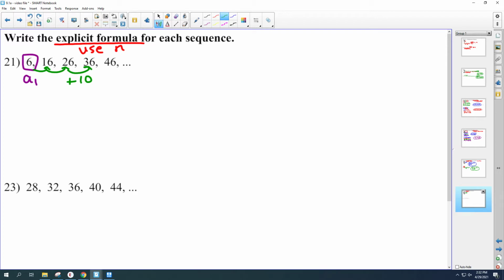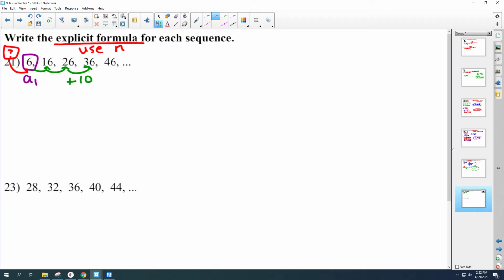So I think the secret to this is going backwards. All right, if you knew what was here, that would be a big deal. So just kind of carry that pattern backwards. What number would be right there? And then if we add 10, we'd get to the first term of 6. Okay, negative 4.